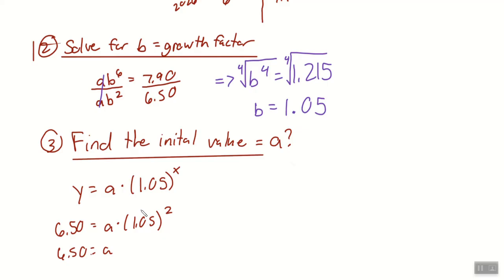What is this, Angel, when you put it in a calculator? 1.1025. Great. Divide that by both sides. So A equals what, Natalia?